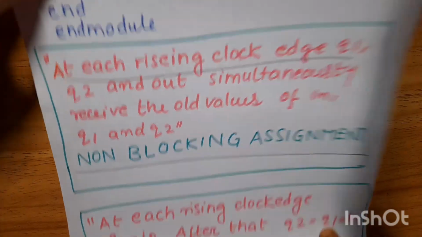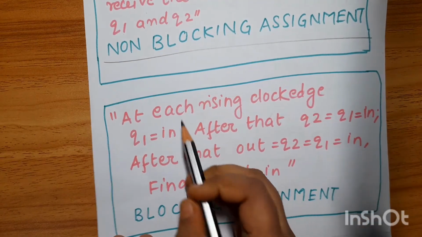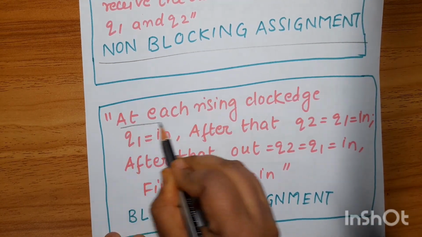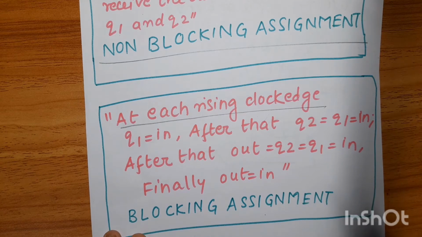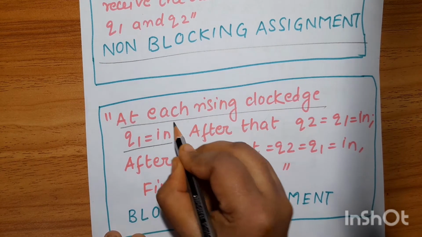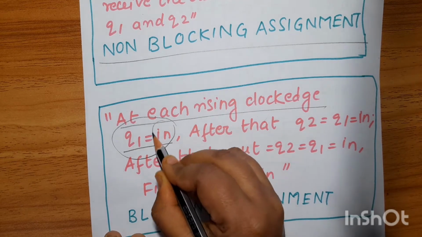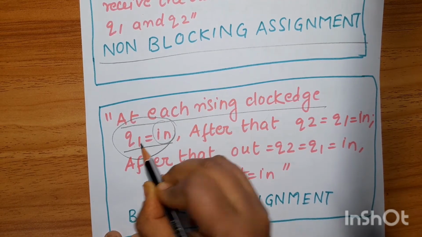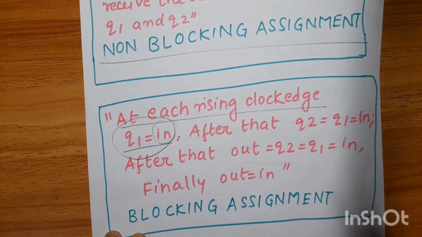Now, what happens in the case of blocking assignment? At each rising clock edge, Q1 is equal to in. So, we will evaluate the in, assign to Q1.